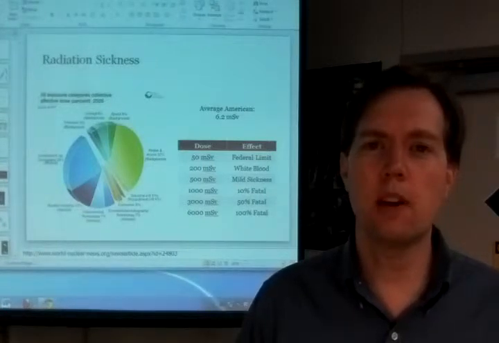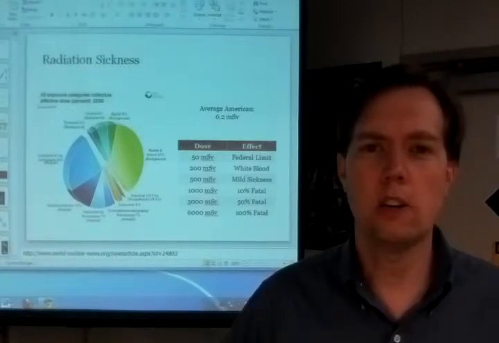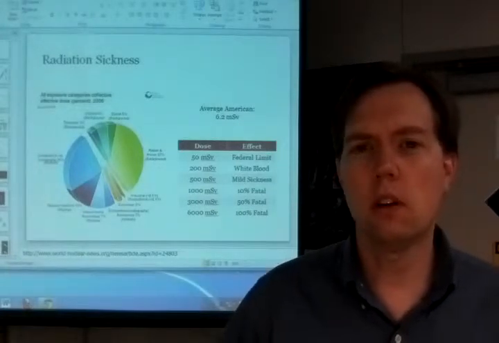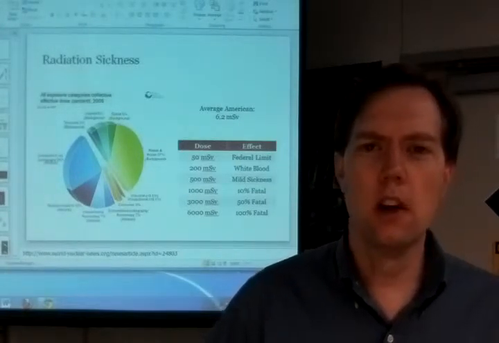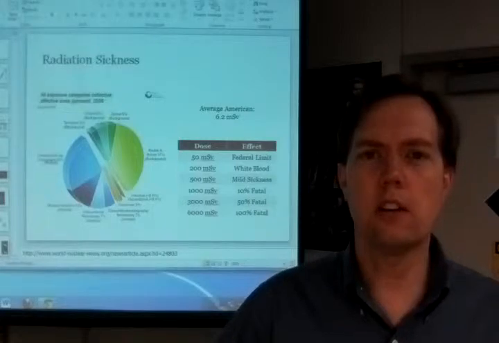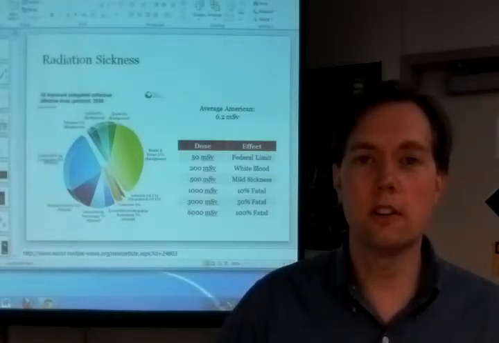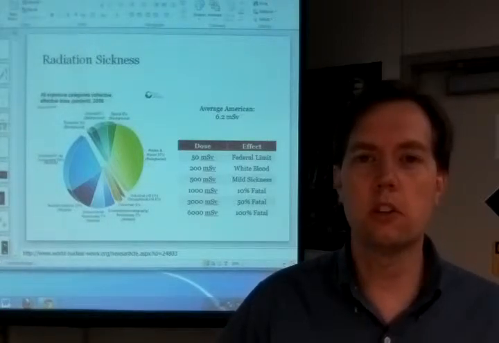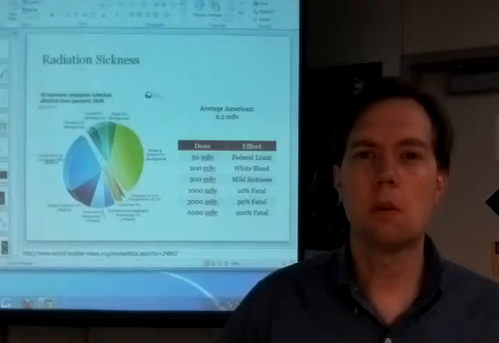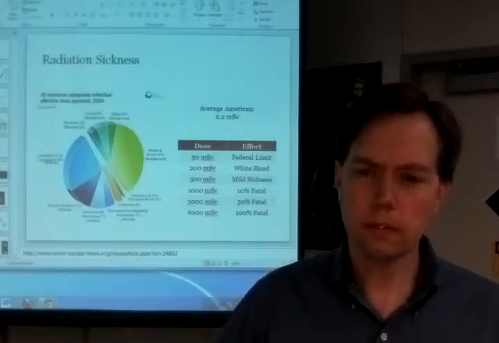But these alpha, beta, gamma types of radiation are. And so that's kind of how radiation sickness occurs, is that these different radiation particles actually interact with the chemistry of the body and destroy some of the molecules.